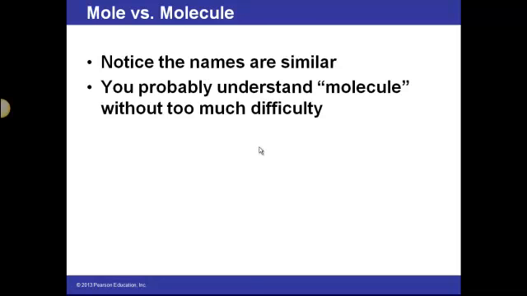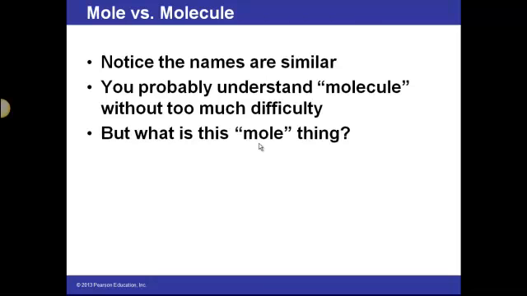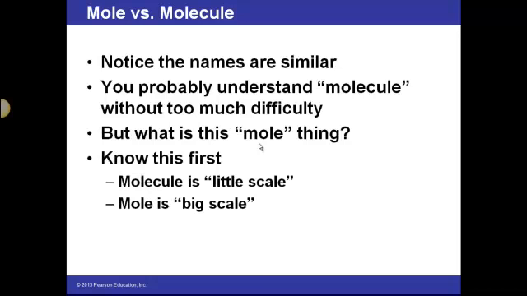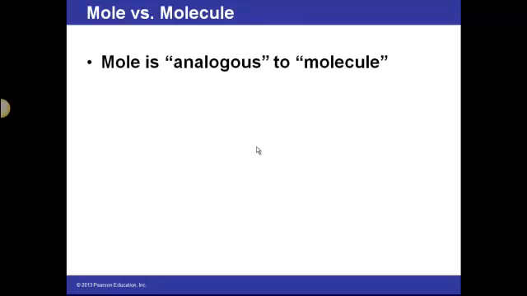You probably understand the concept of a molecule without too much difficulty, thinking of it as a single unit of a particular substance. But our mole is the big scale, and it is 6.02 times 10 to the 23 units of a substance. So our mole is analogous to the molecule.